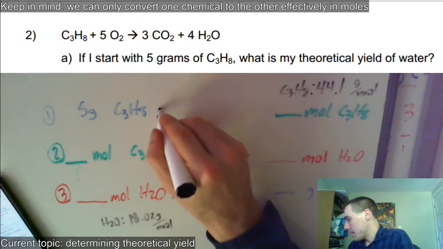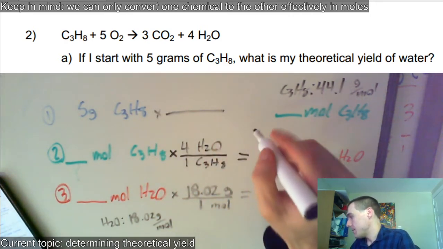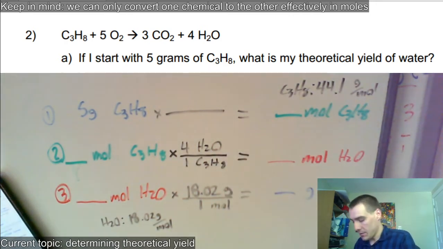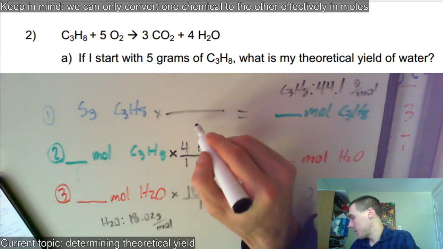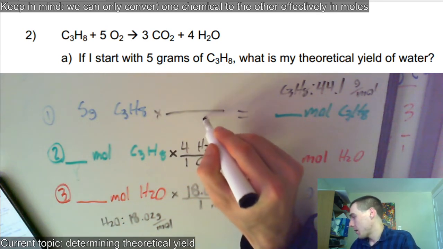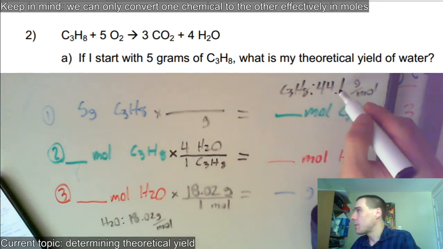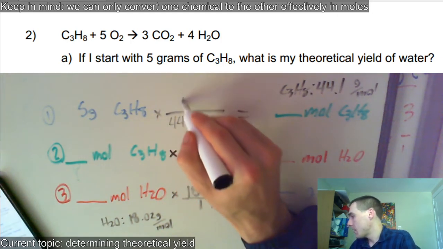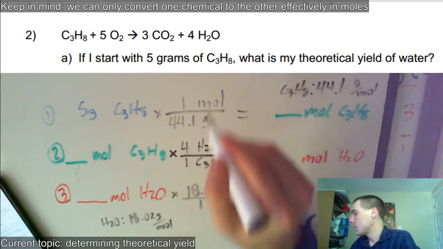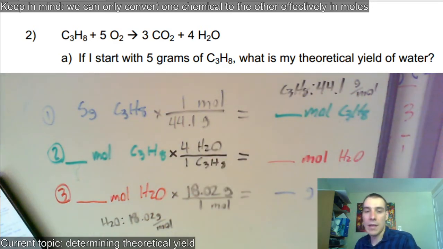So 44.1 grams per mole. We're going to make that into a conversion factor to help us figure out whether we're going to multiply or divide. What goes on the top, what goes on the bottom? Well, grams is on top here, so grams should be on the bottom. It's 44.1 grams for 1 mole, or 1 mole per 44.1 grams.